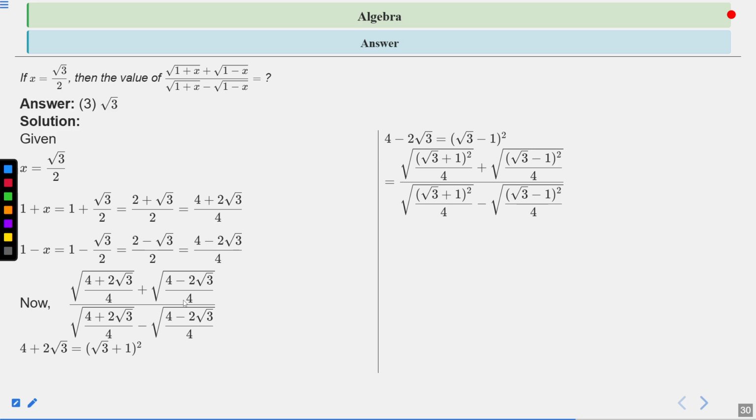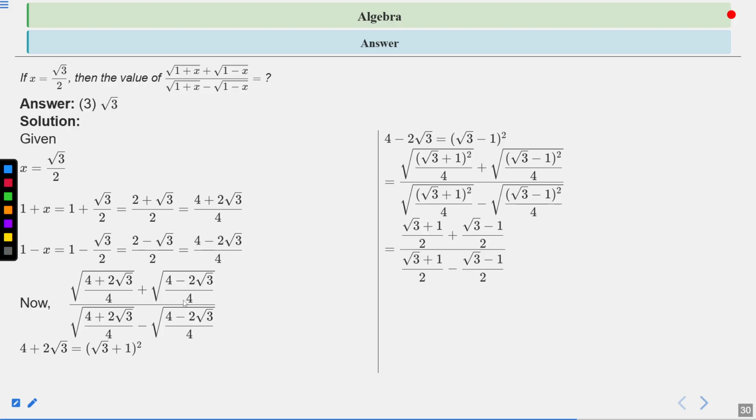Now when we simplify, we get under root of root 3 plus 1 whole square upon 4 plus under root of root 3 minus 1 whole square upon 4, whole upon under root of root 3 plus 1 whole square upon 4 minus under root of root 3 minus 1 whole square upon 4.